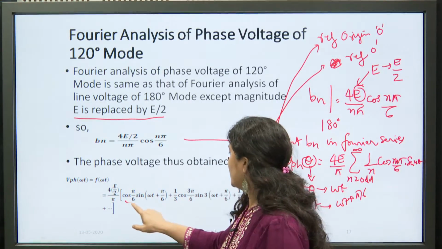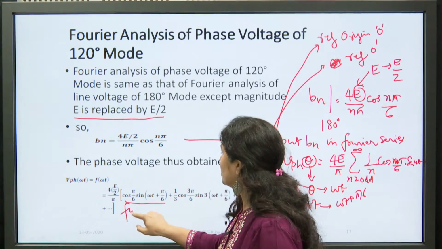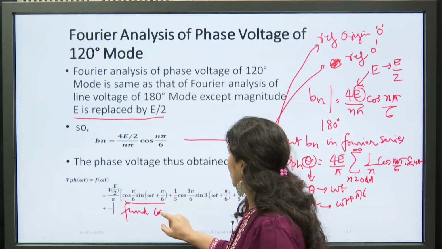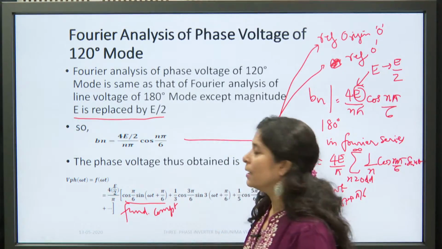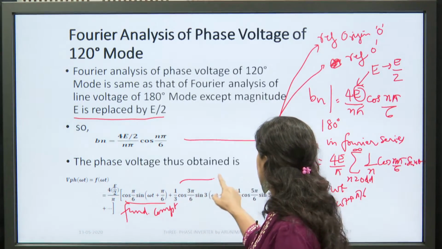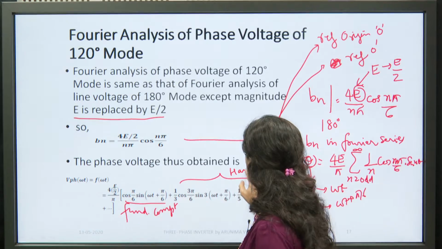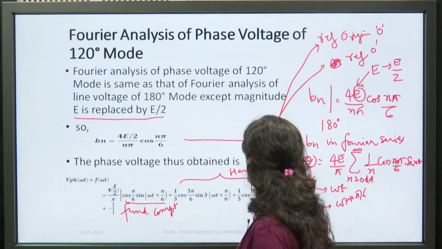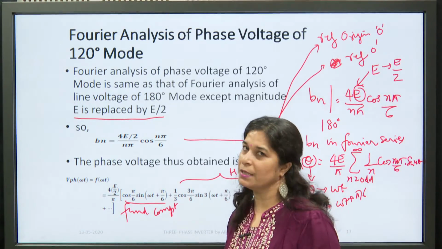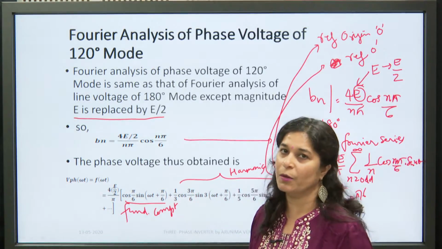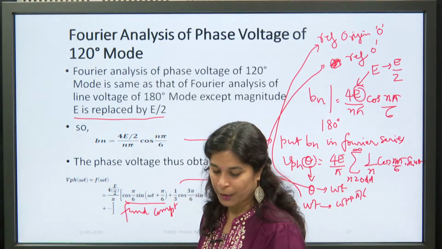So, this again is the fundamental component which you have extracted, otherwise it is mixed with the harmonics which are present. Only odd harmonics will be present, even are already wiped off because of the rotational symmetry. Is it clear?